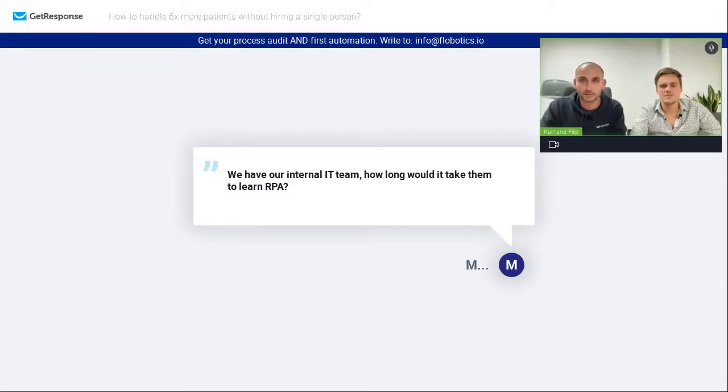From my experience, IT teams that are told, "Hey, you have to learn RPA now," learn slower. But in theory, if you're a technical person, a developer, you can be a pretty good RPA developer within 6 months.